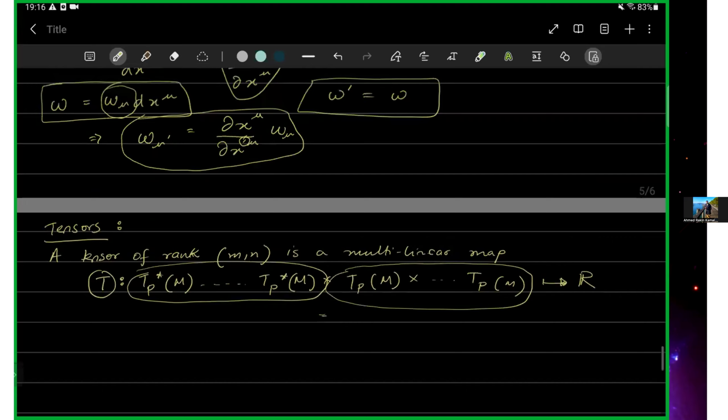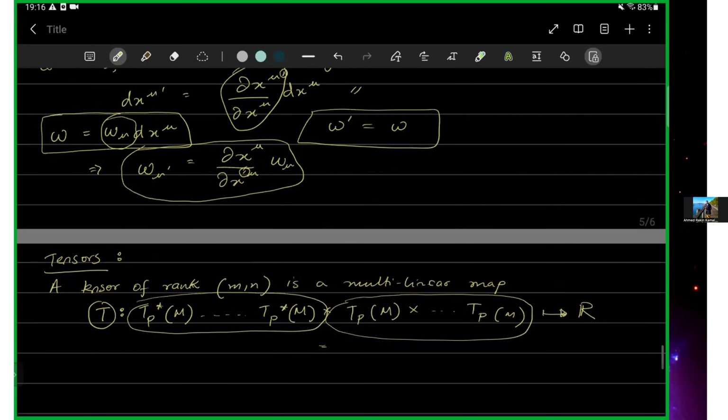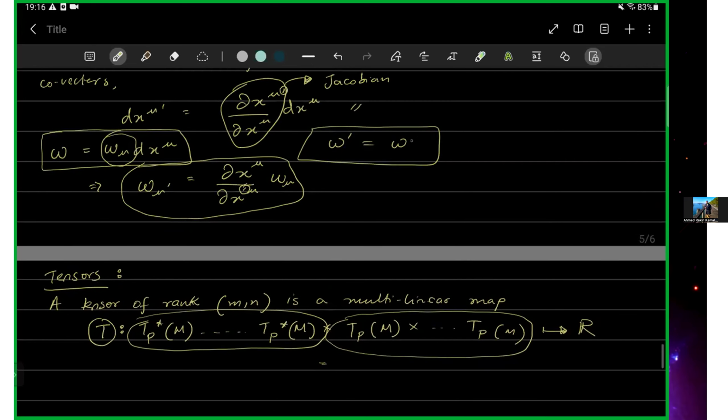Oh, so before I started tensors, I was basically talking about the invariance of the covectors, right? Because they are basis independent. If you remember, we can generalize them for any basis. That means that we can generalize them for any coordinate system. So that means that under a coordinate transformation, these covectors should remain invariant.